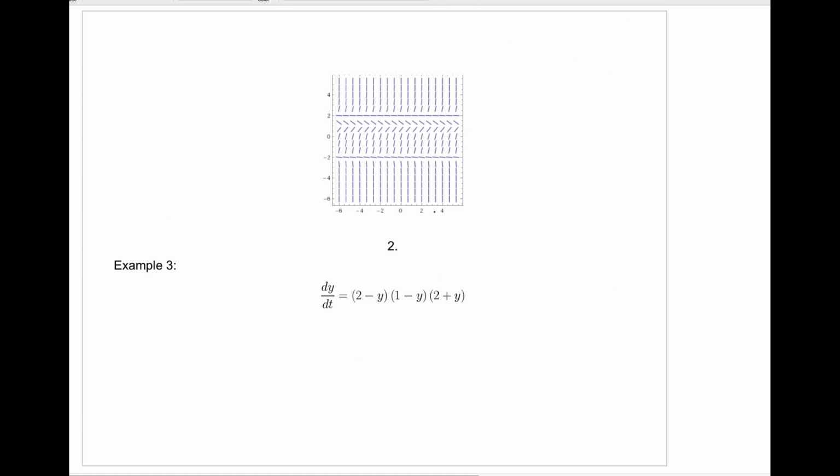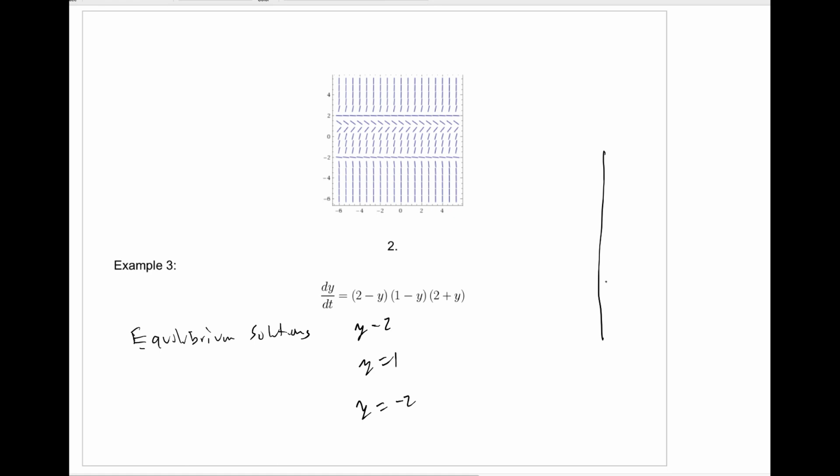We have dy dt here equals 2 minus y times 1 minus y times 2 plus y. I've already left the factors because then it's very easy to see what the phase line looks like. This has roots y equals 2, y equals 1, and y equals negative 2. So our equilibrium solutions are exactly y equals 2, y equals 1, and y equals negative 2.